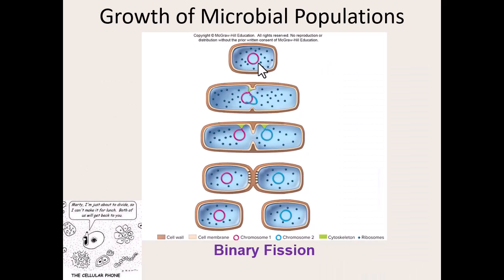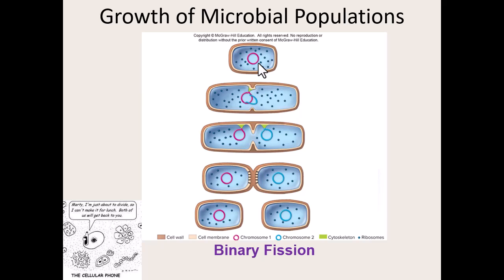Now, kind of switching gears a little bit, we make our organisms as happy as possible because we want them to grow. But the process of our organisms growing, because they don't just grow bigger, they're all the same size, they just grow in number.